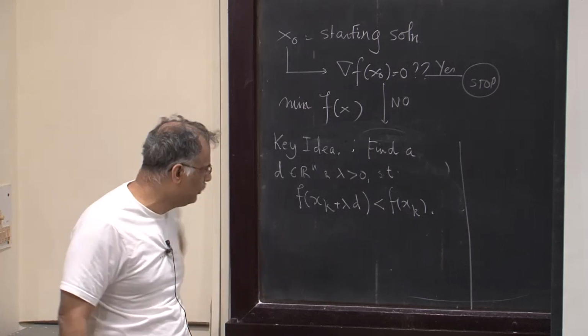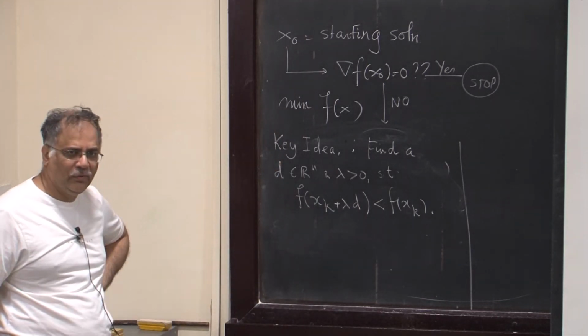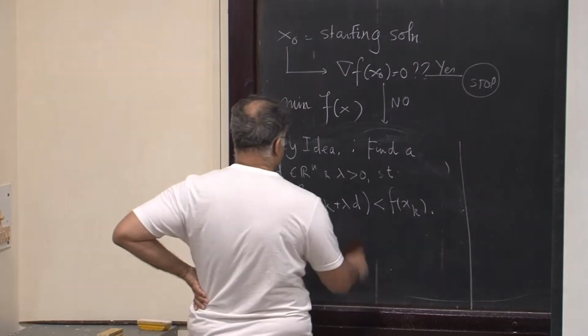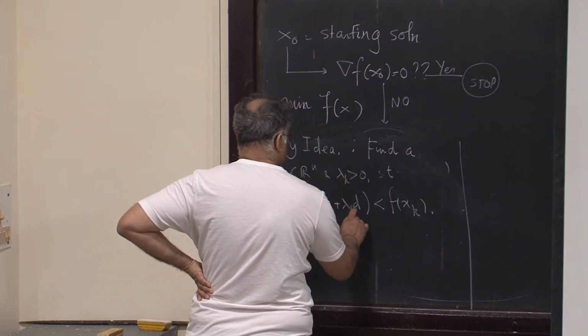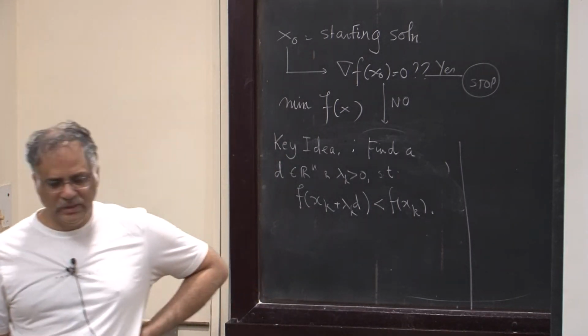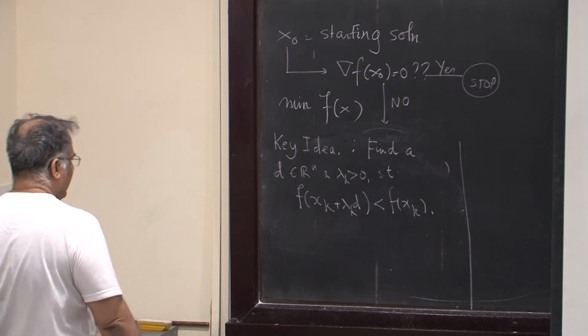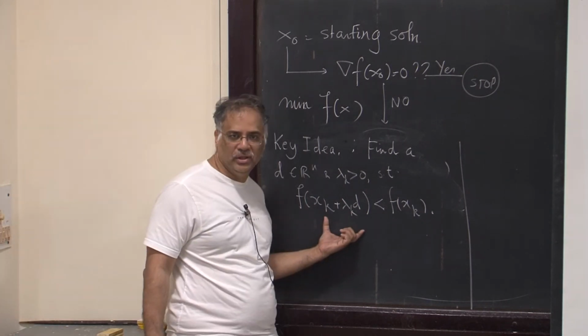That is my new value. So I have to find some lambda k if you want to write it like this, because lambda k will change from k to k. So this is what I want. So xk plus lambda k d is my xk plus 1, the next point.